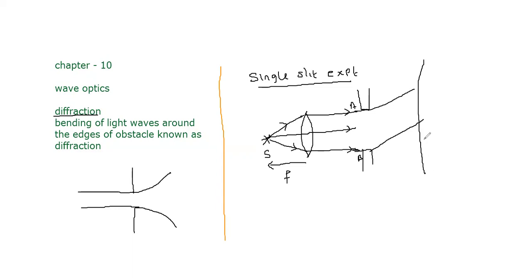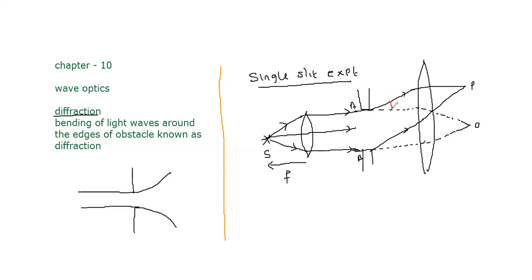So here we have one more lens. Using this lens, the ray is focused at point P. It is a diffracted wave. One portion of the wave is the undiffracted wave. It reaches the point O. So O is the undiffracted wave, P is the diffracted wave.